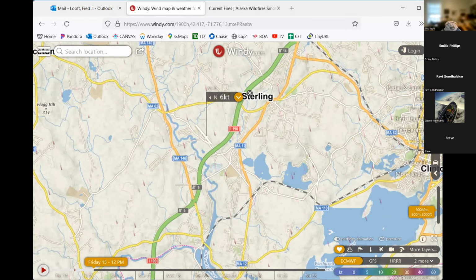Yes, I agree. And somebody asked the question about when do cloud streets form? I don't know exactly all the parameters for it, but what you're looking for is an even airflow with altitude. With both the skew-T and this map, if you see the winds coming from a lot of different directions with altitude, you probably will not get cloud streets.